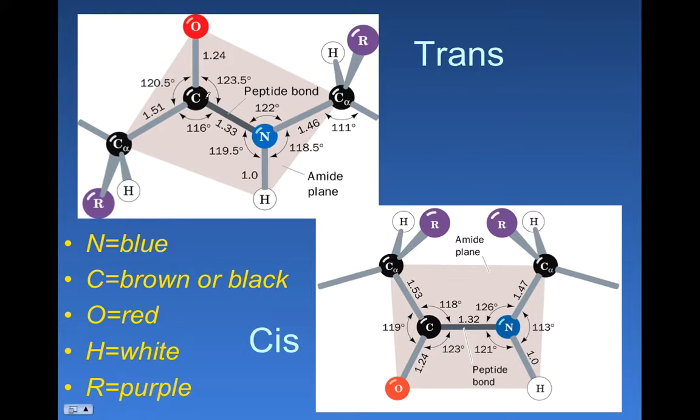So remember, here's our peptide bond. It's frozen in place. Here's a bond between the alpha carbon and the nitrogen. And that is a bond that we're going to call phi. It can freely rotate since it's a single bond. Here's the other bond between alpha carbon and the carbonyl carbon. That's called psi, and it can freely rotate also.